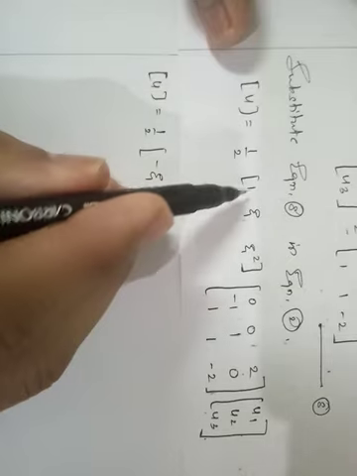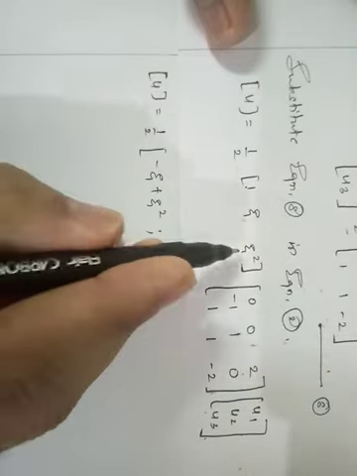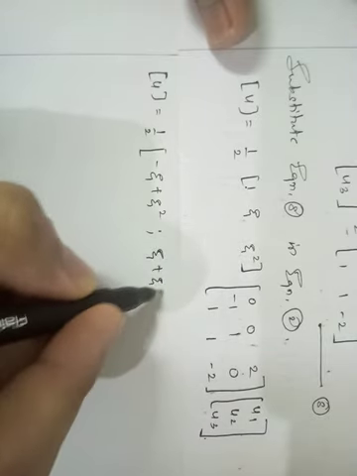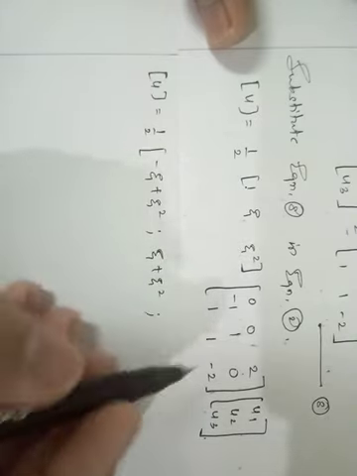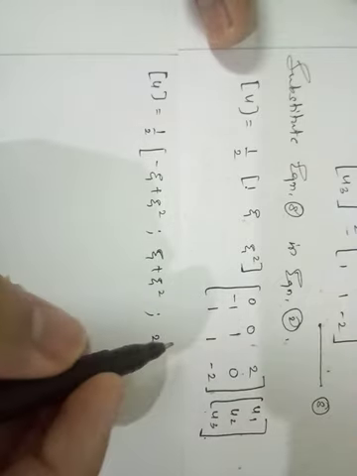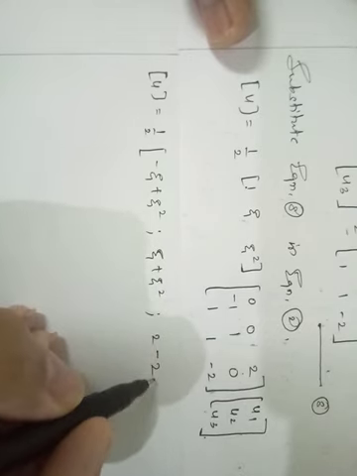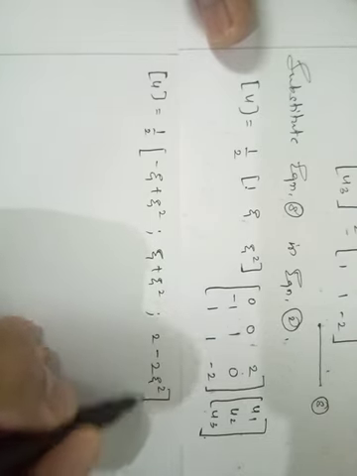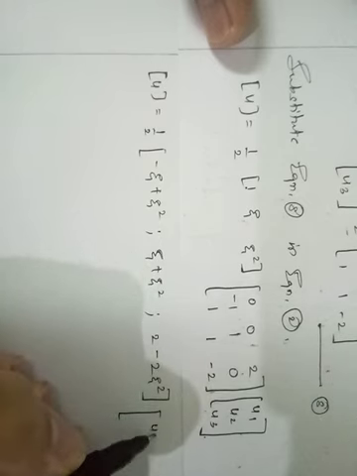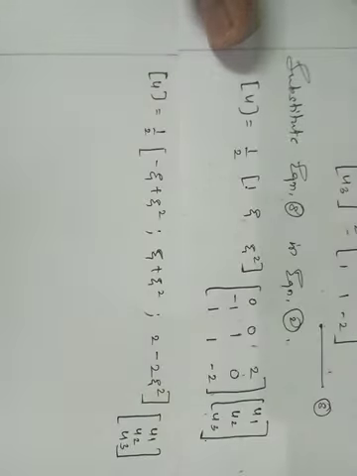Second element will be 1 into 0 is 0, zeta into 1 is zeta plus zeta square. Third element will be 2 into 1 is 2, zeta into 0 is 0, minus 2 zeta square, times u1 u2 u3. Right, so that is how you multiply it. Fine.